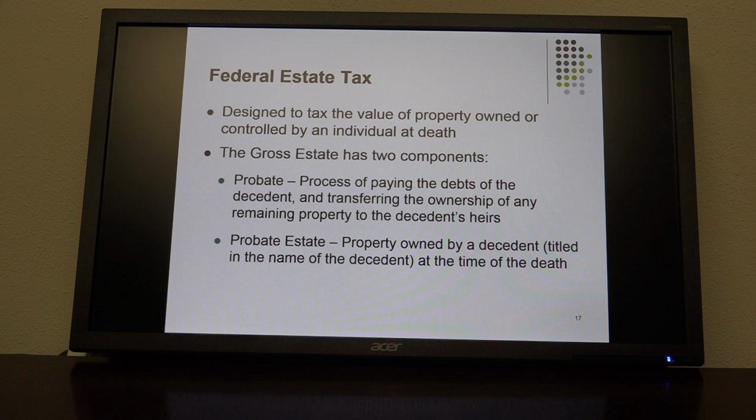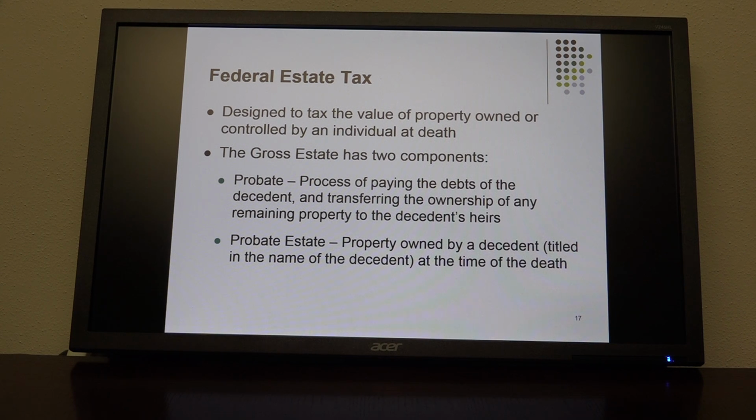Another example is life insurance on the life of the decedent, where the beneficiary is a named party other than the decedent's estate. That life insurance passes outside the probate estate and goes directly to the named beneficiary.